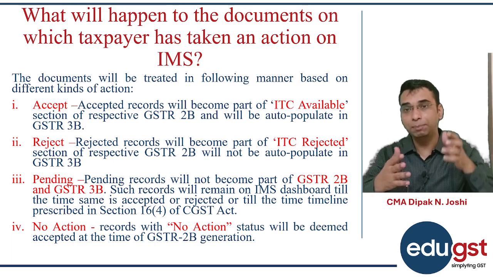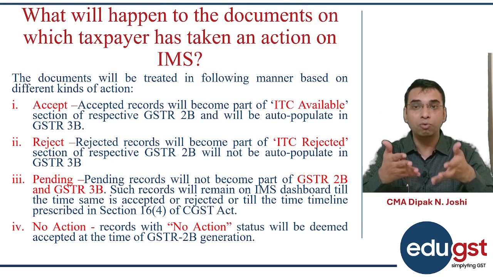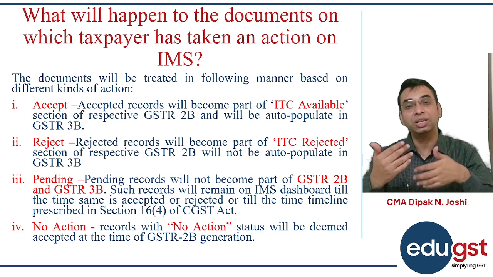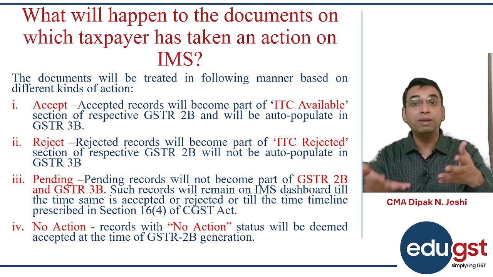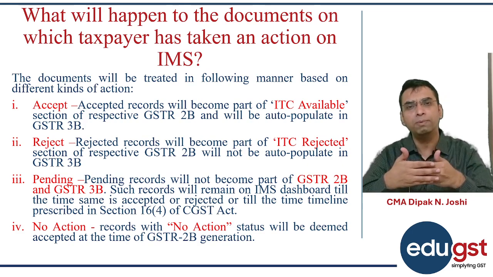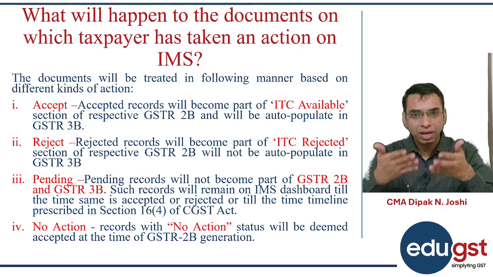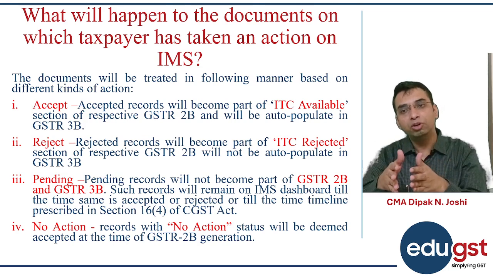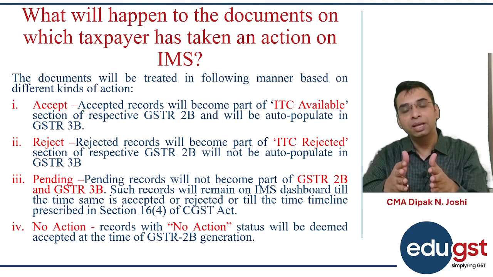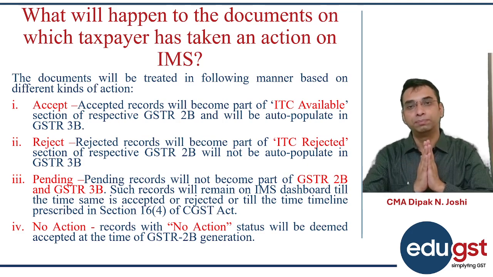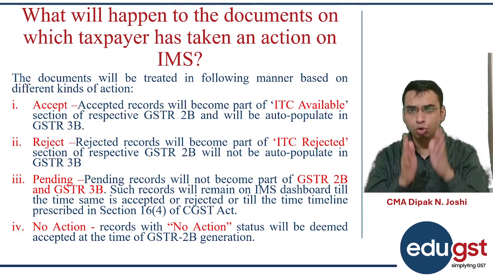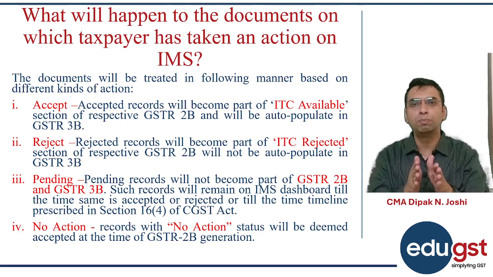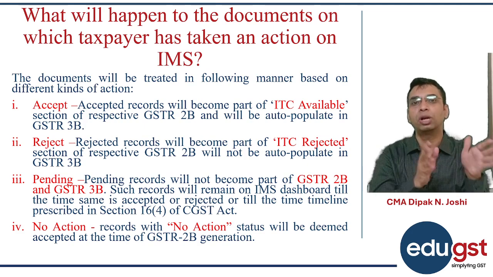Let's understand this. When you are accepting, what will happen to the document on which the taxpayer has taken an action on the IMS portal? If I am accepting the document, what will happen? When you are accepting the document, it will become part of ITC available in your GSTR2B. We have seen that GSTR2B presently is bifurcated into two parts, ITC available and ITC not available.